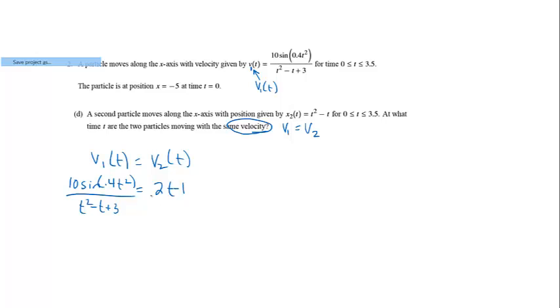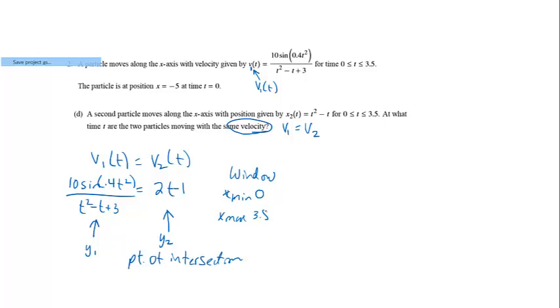All right, and then I would just like to find, where do those two equal each other? So I'm going to be putting this in my calculator as y1, which is probably already in there. I'm going to put this one in as y2, and then I'm going to be looking for their point of intersection to find out where they are equal to each other. And I will be changing my window. I would want my x min to be 0, and I want my x max to be 3.5.